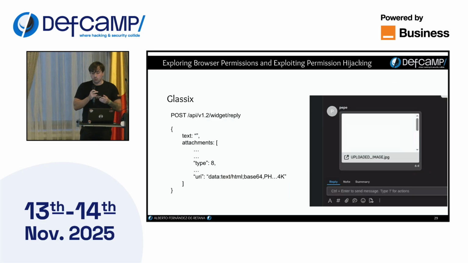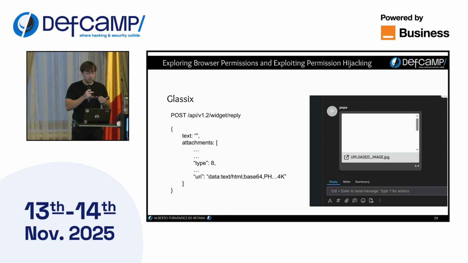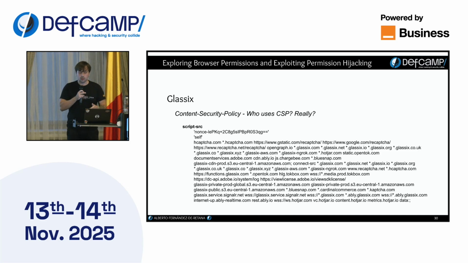I tried doing that, and it wasn't working because this company was using Content Security Policy. CSP, for those who don't know, is a header in which developers can declare which resources they use for their website, like images and styles, and one that they use a lot for restricting cross-site scripting is script source.